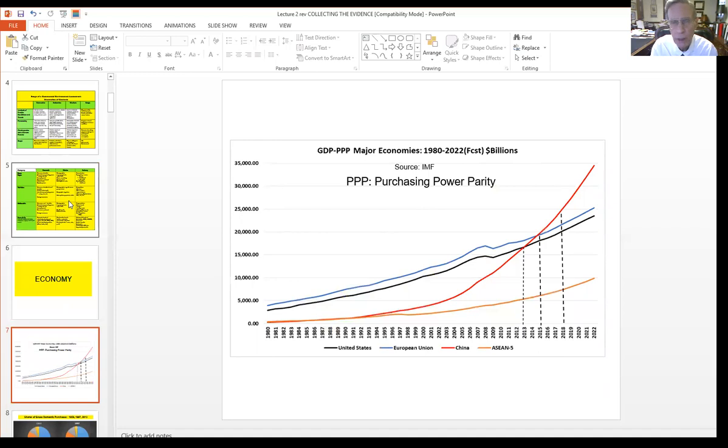Many of the economic forecasts and trends that you see in print are constructed by taking the value of a country's economy expressed in its own currency and then translated into dollars using bank exchange rates. And when you see those forecasts, they can be very misleading.